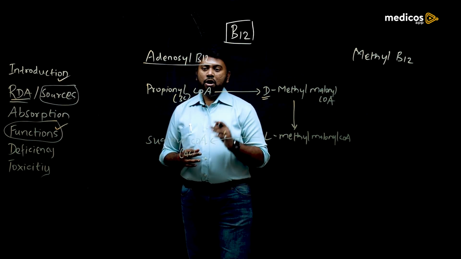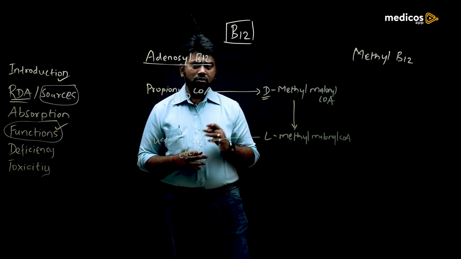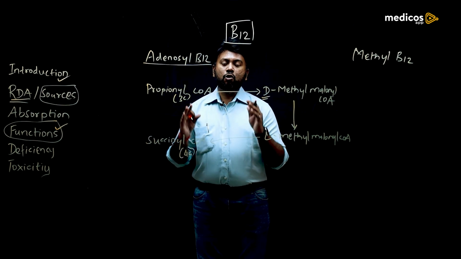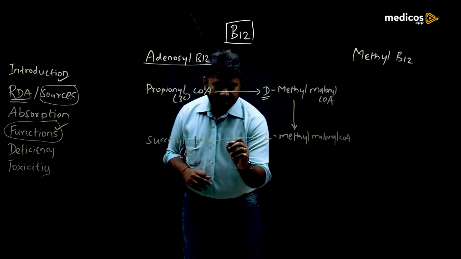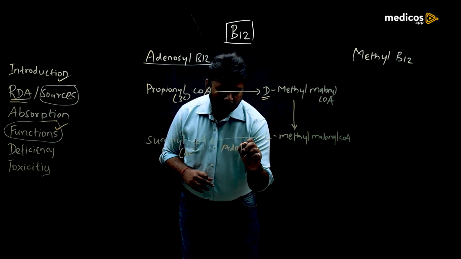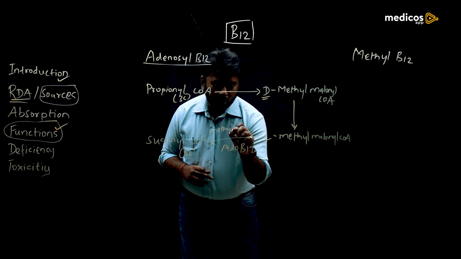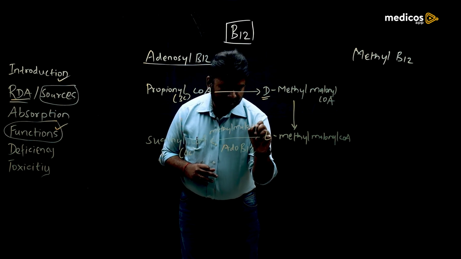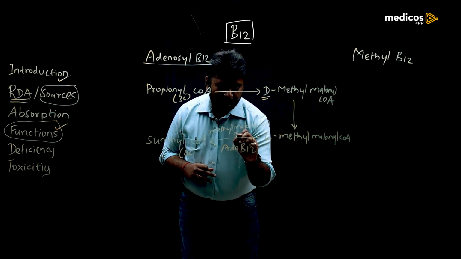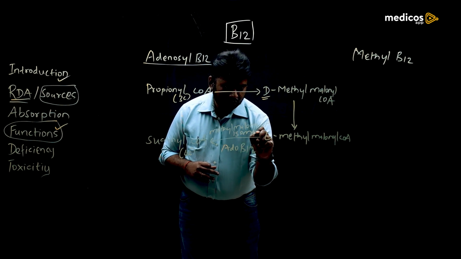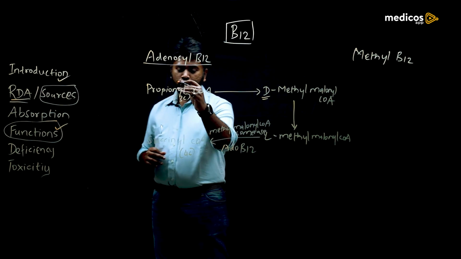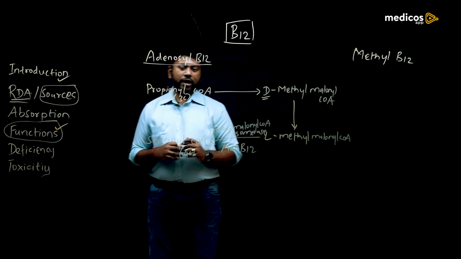So this is how propionyl CoA is normally converted to succinyl CoA. Here, what is the role of B12? Adenosylcobalamin acts as a coenzyme for the enzyme methylmalonyl CoA isomerase. Thus it helps in the conversion of propionyl CoA to succinyl CoA.